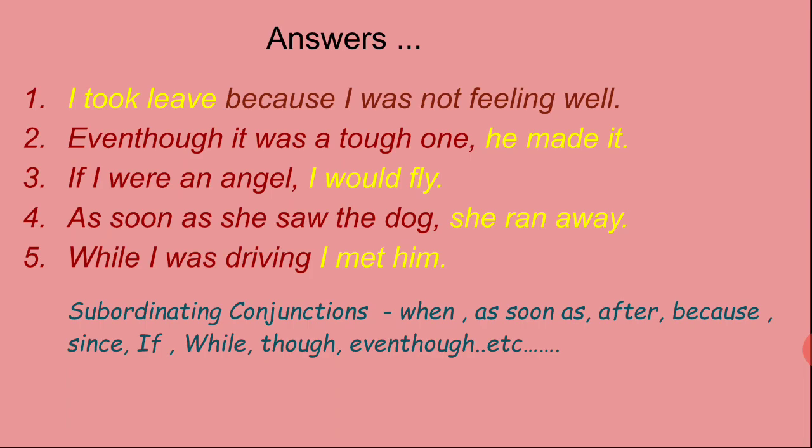It is a subordinate clause: because I was not feeling well, even though it was a tough one, if I were an angel, as soon as she saw the dog, while I was driving. These are all subordinate clauses and they are connected with subordinating conjunctions like when, as soon as, after, because, since, if, while, though, even though, etc.